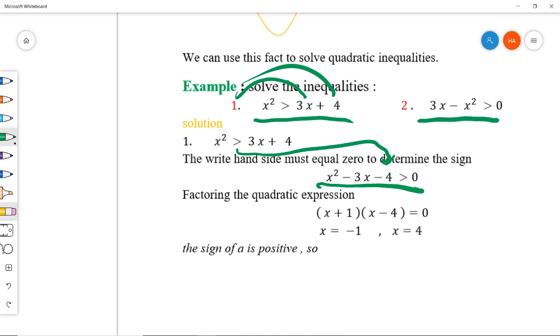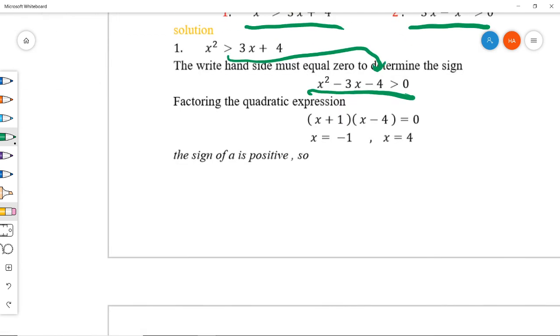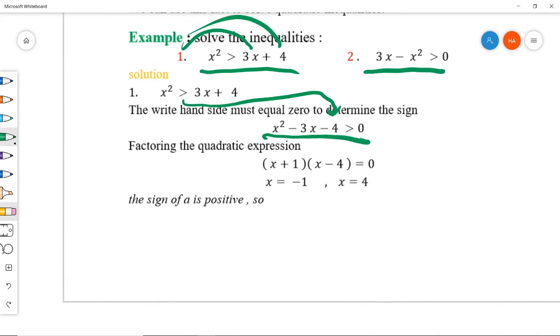الآن we can factor the quadratic expression into two brackets. Why? Because we look at C here, it is -4. We look for two numbers, their product is -4 and their sum is -3. هم -4 and 1.